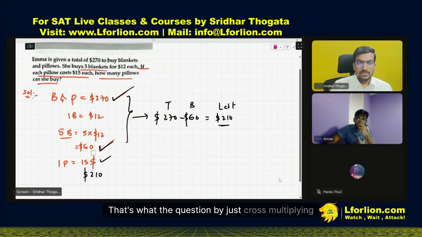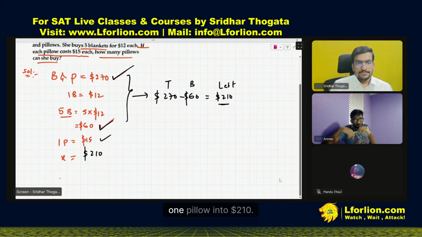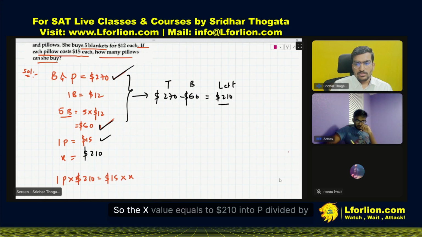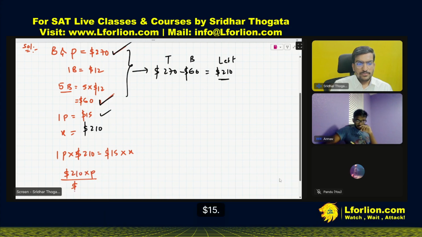That's the question. By just cross multiplying, we'll get the answer. $15 per pillow, so how many pillows? Let's say X she gets. Just cross multiply. One pillow into $210 equals $15 into X. So the X value equals $210 into 1 pillow divided by $15.